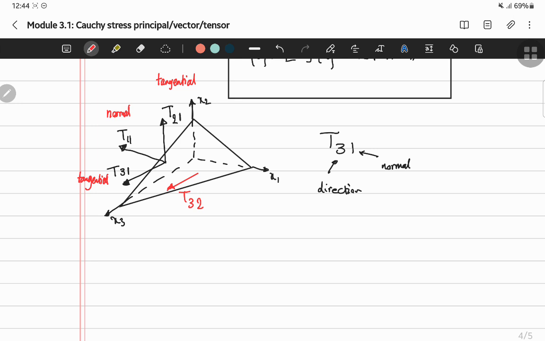This is something that you know from your mechanics of materials, where you show this with sigma, and you showed this with tau, if you remember.